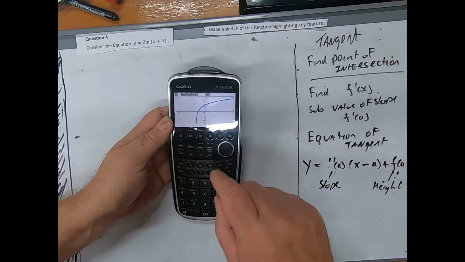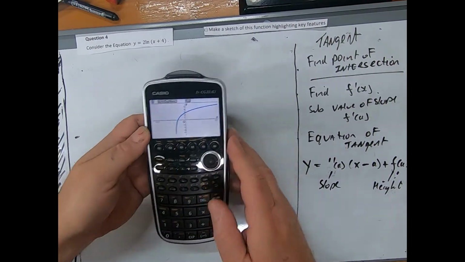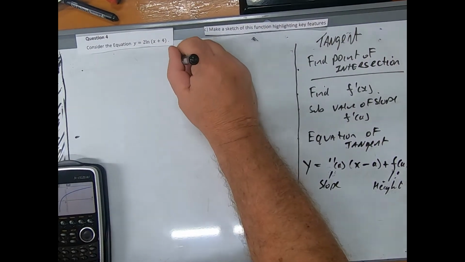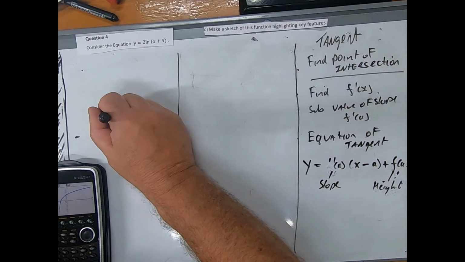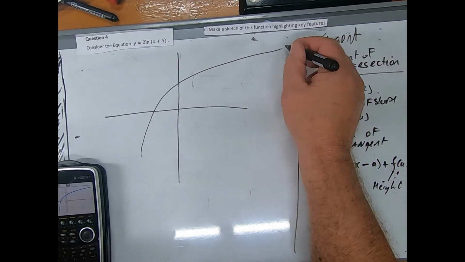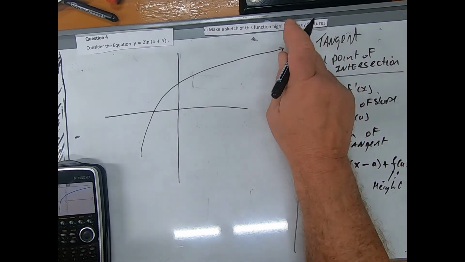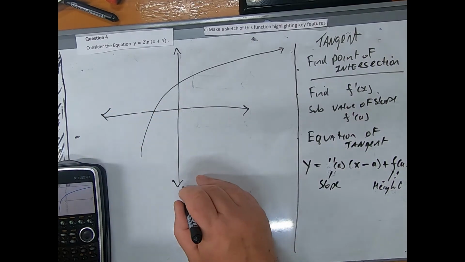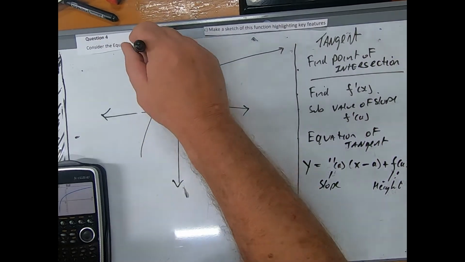Right, now I do believe that we've already worked out that this point over here is -3 from the previous question. So let's draw something coming along here. Here's the basic shape. Now we understand this doesn't actually have a horizontal asymptote. The question said y.